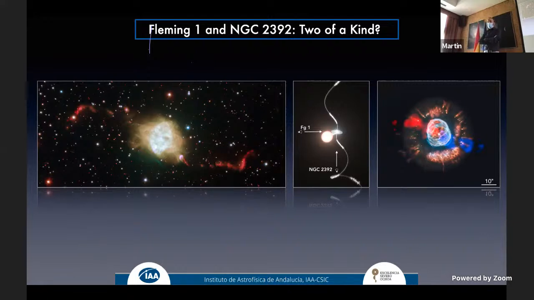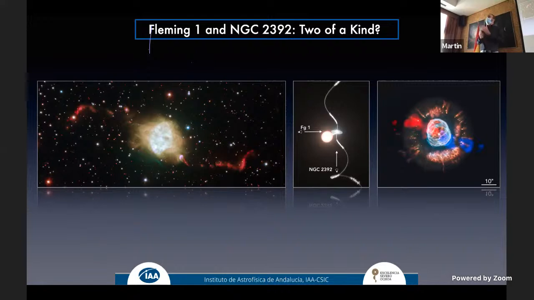And actually, there is a lot of work in this respect from a theoretical point of view. There is a lot of simulation trying to find what is, let's say, the small size of the body around an AGB star which is going to change the velocity field, the mass loss, so as to produce some kind of, for instance, equatorial enhancement of density, or some kind of bipolar outflow so as to produce the shaping of the planetary nebula.